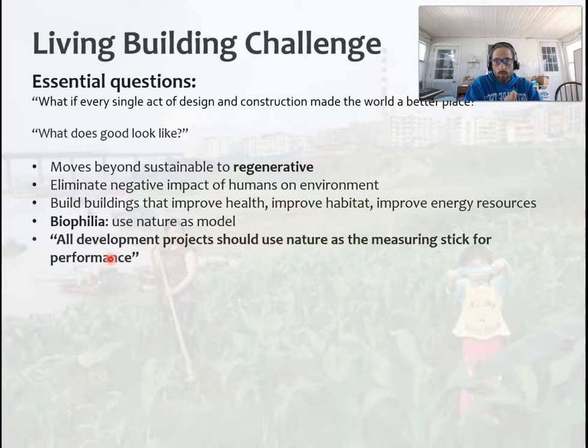It only uses renewable energy. There's no such thing as waste in nature. So if we could build buildings that as close as possible mimic what nature does, no waste, 100% renewable energy, always regenerate without additional outside resources. If we could have buildings do that, we'd be in a really good place, and we would end up doing less damage to the environment and creating a better society overall.